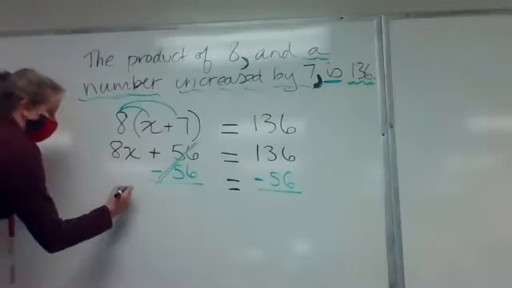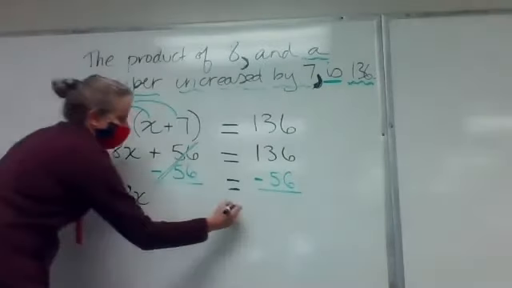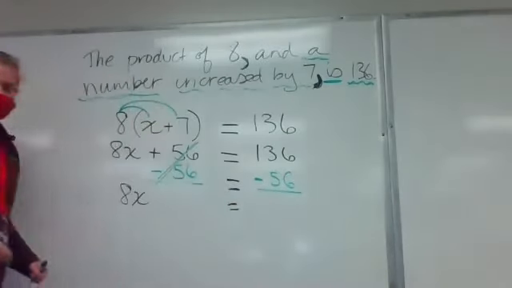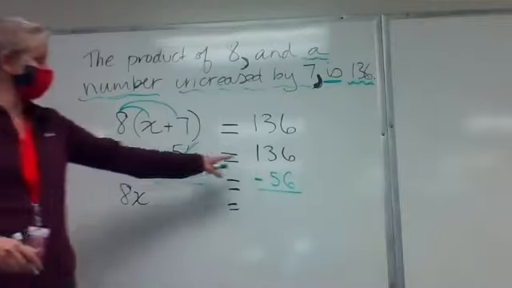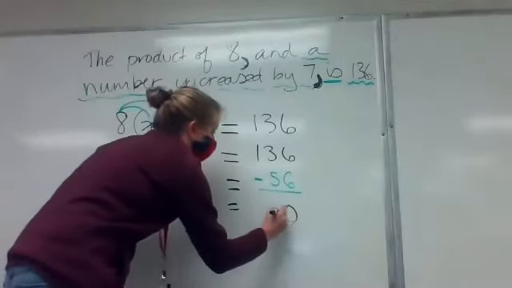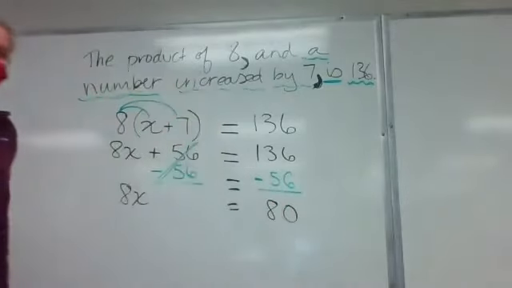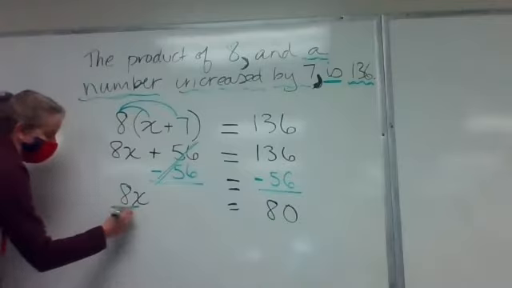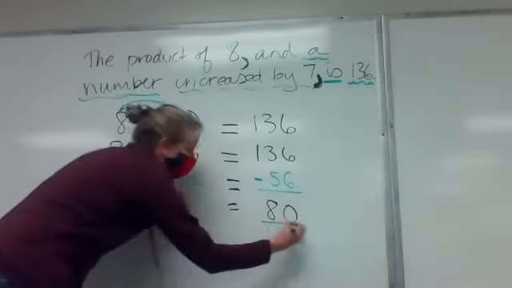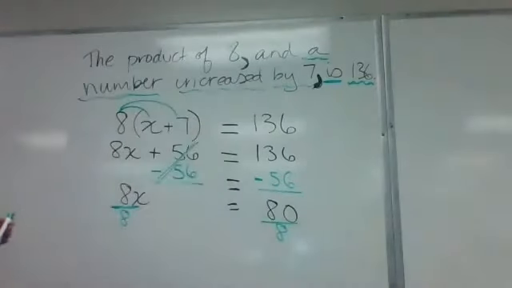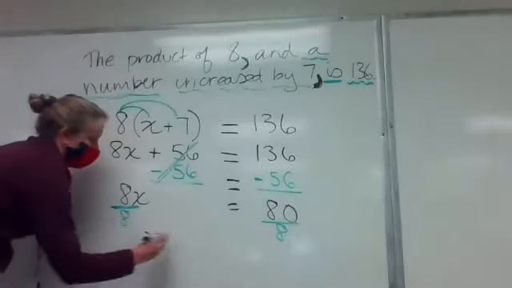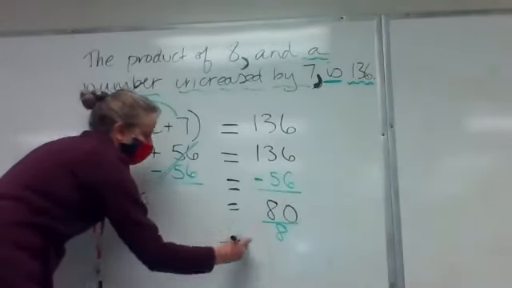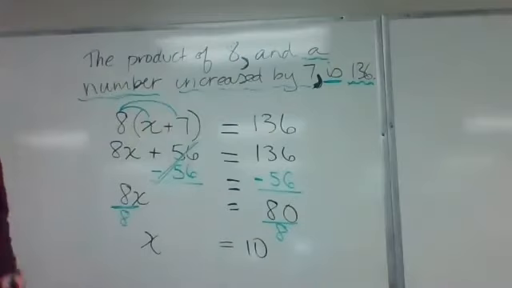So I'm left with only an 8x on this side. When I do my subtraction here, I get 80. And the last step, remember how to get rid of your hooked on numbers is you divide by them. So I'm dividing by 8 to get my x equals 80 divided by 8, which gives me 10.